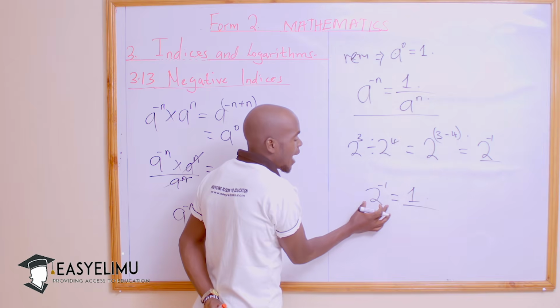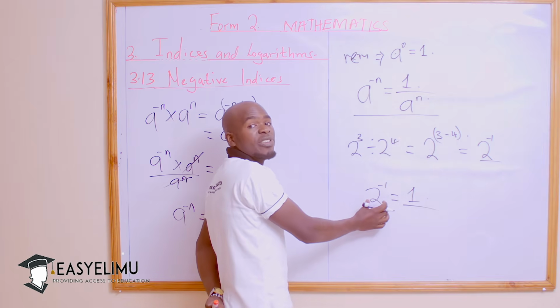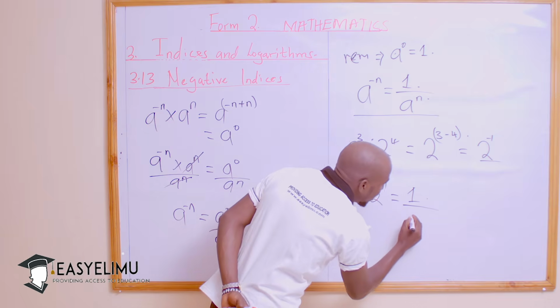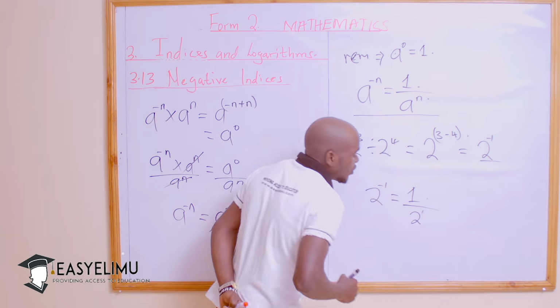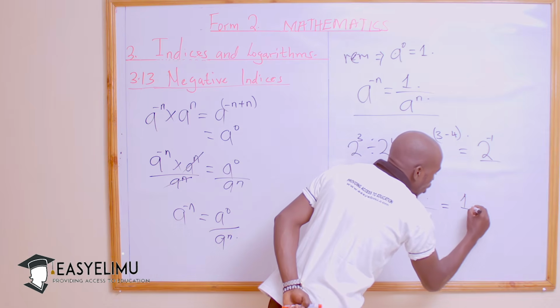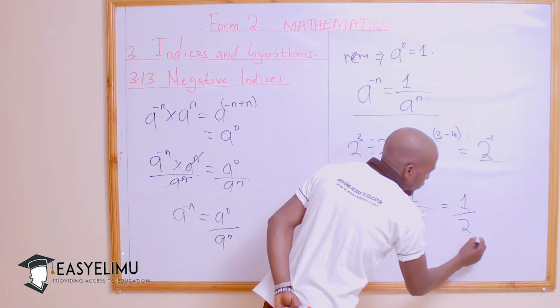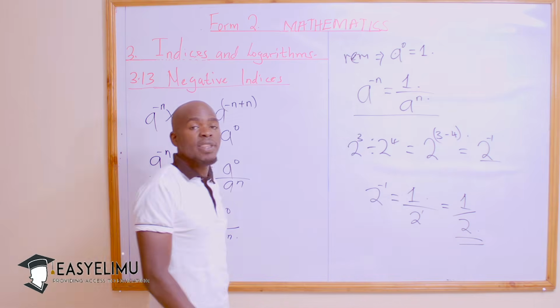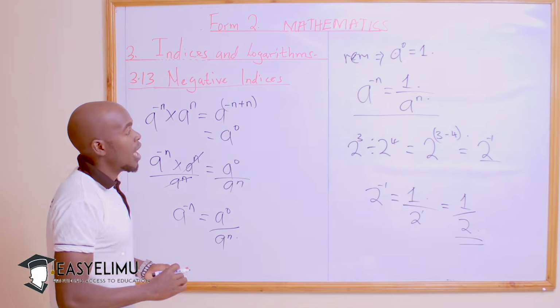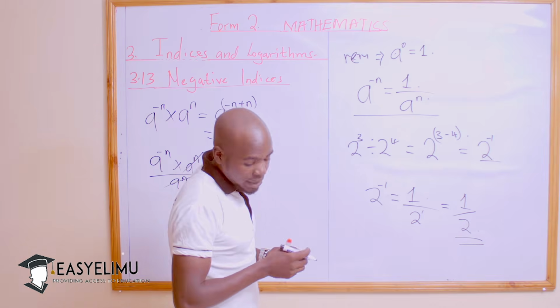So a raised to negative n is represented by our number here, 2 raised to negative 1. Now we shall rewrite it with 2 raised to 1, and this is the same as writing 1 over 2, which is a half. So that is how we rewrite it. That is the negative index.